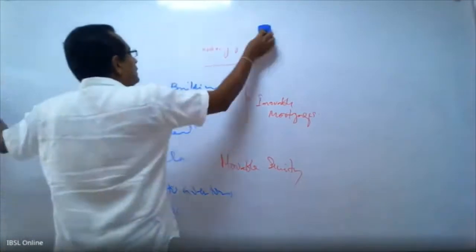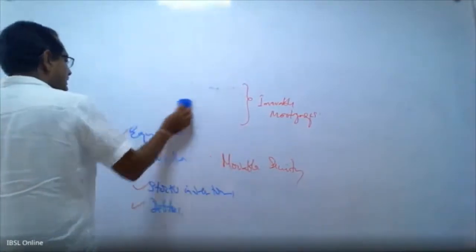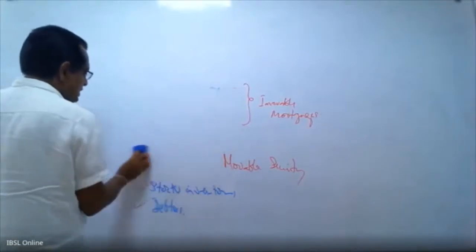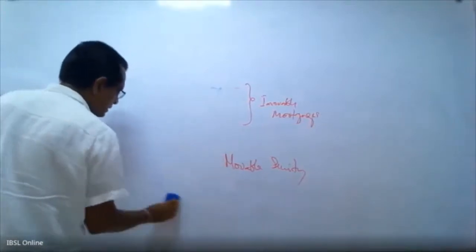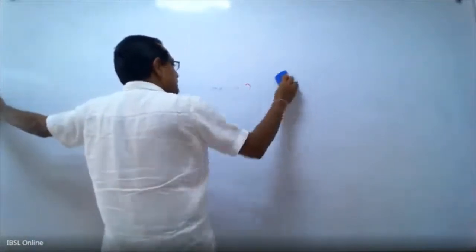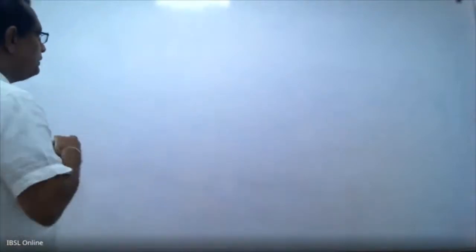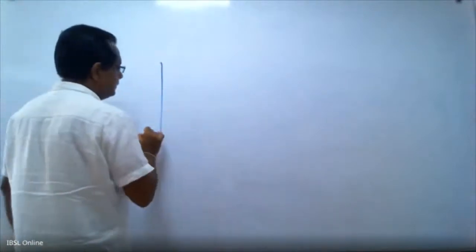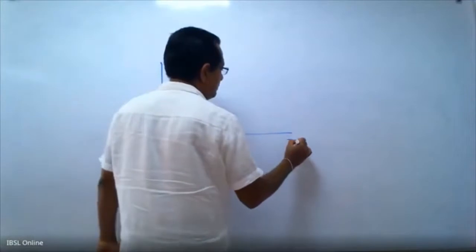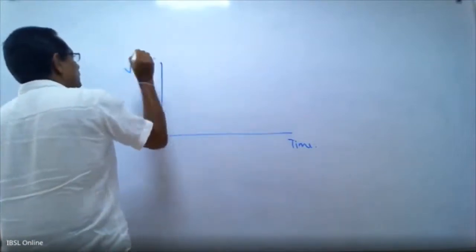Then, with time, asset values change. We have two graphs: time and value.